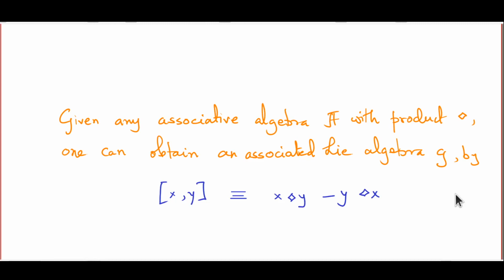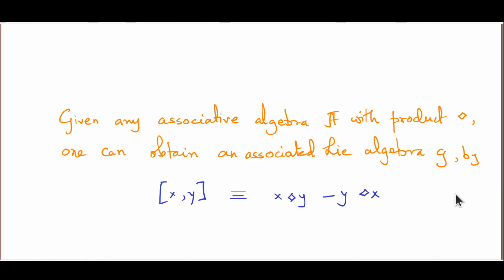But in general, for any associative algebra A, which has its own product, you can define a new product by saying, take the product of x and y in the associative algebra, take the product of y and x in the associative algebra, subtract the two, and now you have your new product operation, which actually has all the properties of the Lie bracket. To check that this has all the properties of the Lie bracket is essentially trivial. I will leave that as an exercise.